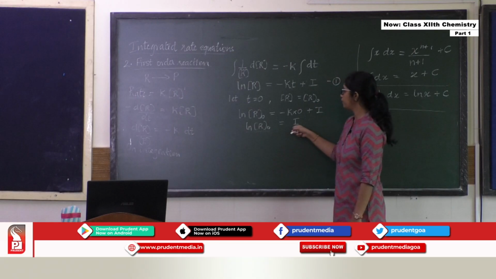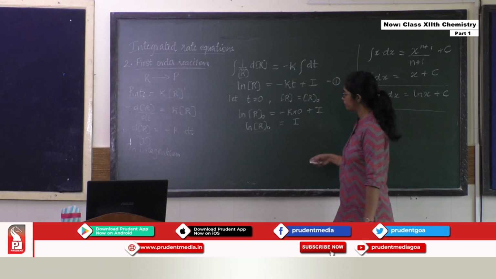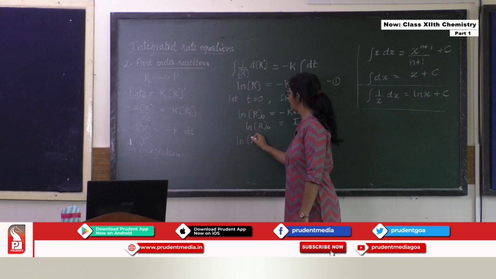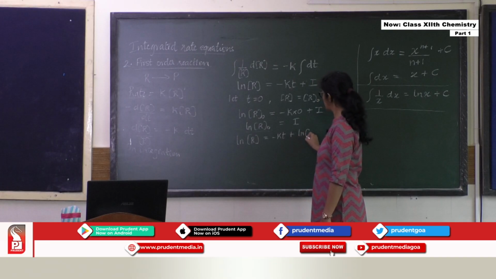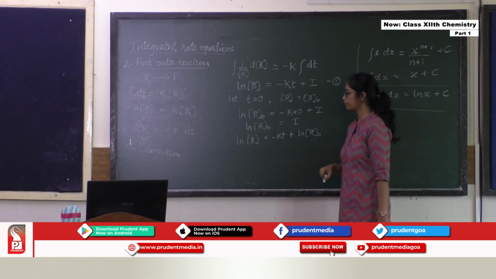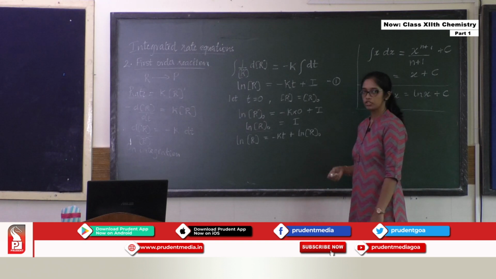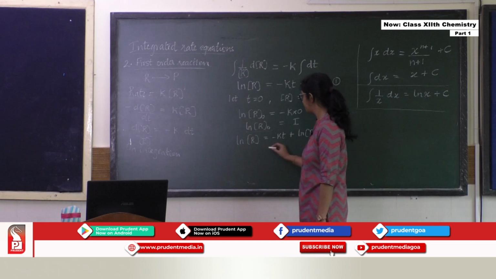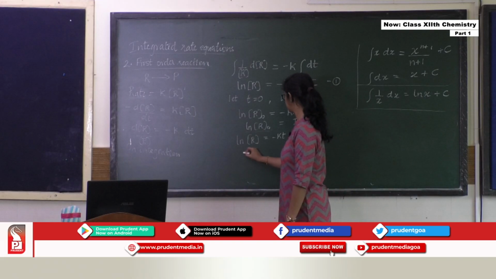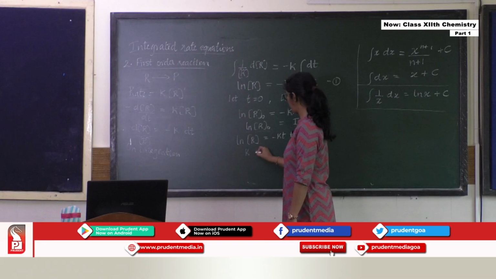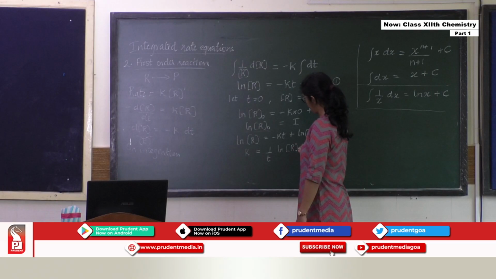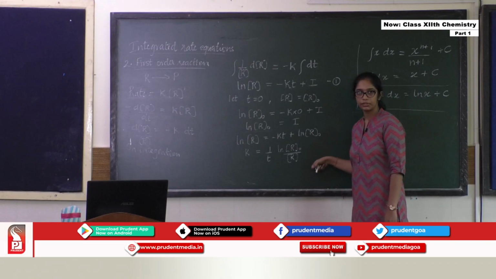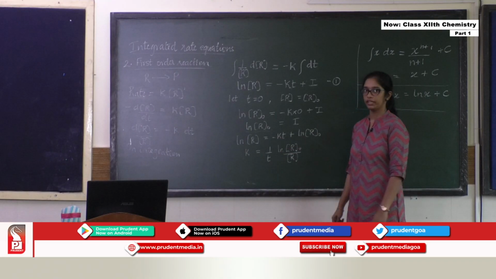This value of I we are going to substitute in equation 1 and rewrite the equation. Now we have to rearrange the terms. Keep k on one side, get all the other terms on the other side, and you are going to get this final equation.